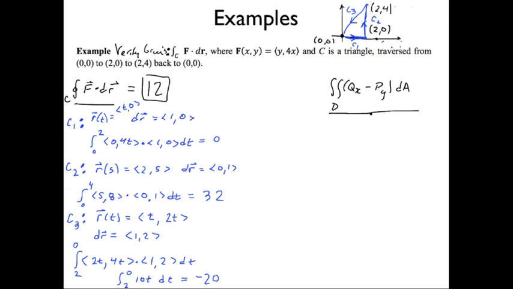Okay, what about this? So we're going to find Qx and Py as functions of x and y. We're going to do a double integral over D. We're all experts at double integrals. So any questions about the circulation on the boundary C? Are we good?